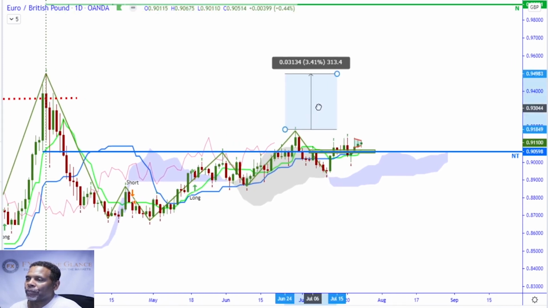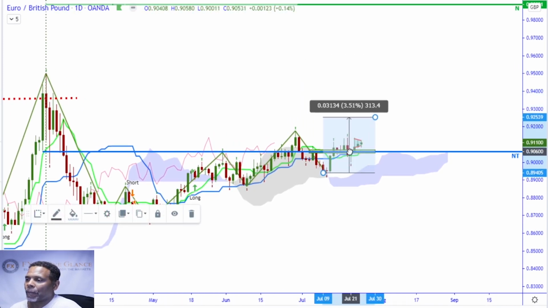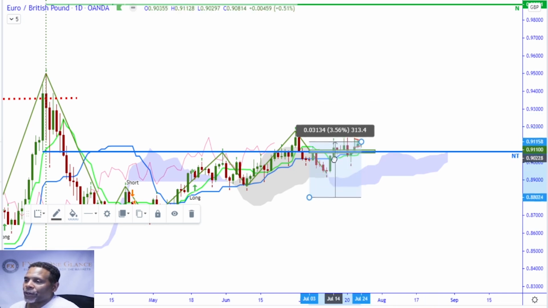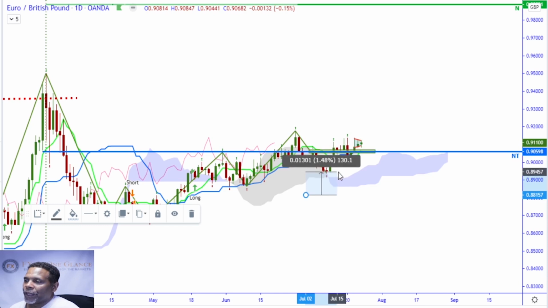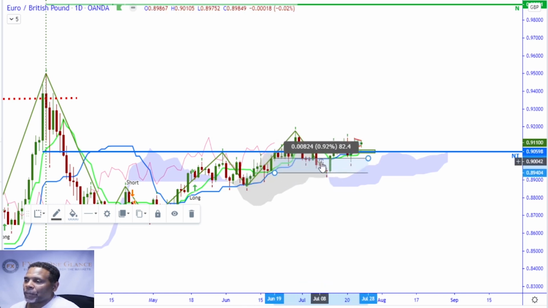Your N level is going to be here, slightly above, so it'll take you to about 92,539 for 313 pips. Your NT level is going to be awfully tight. Your NT level is just going to be, we're above that level already.